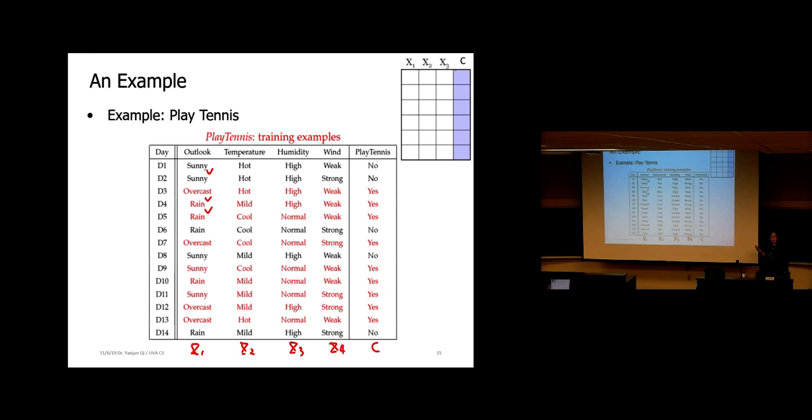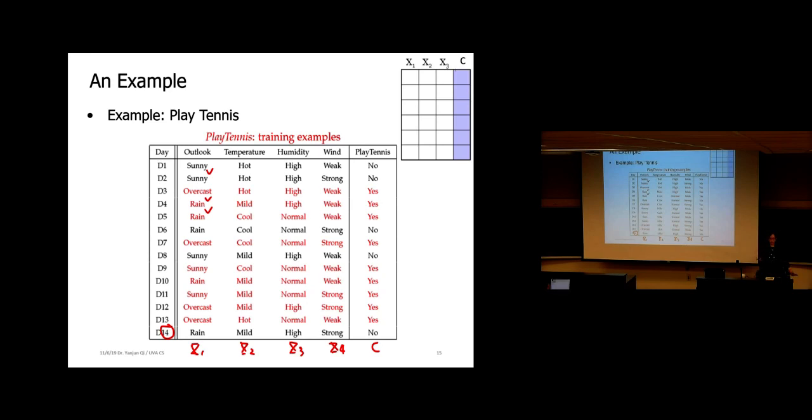There's a total of 14 cases, and it's a Bernoulli variable. Whenever it's a Bernoulli variable, the probability of head is the number of heads over all the number of cases.